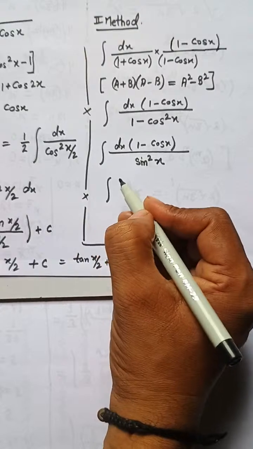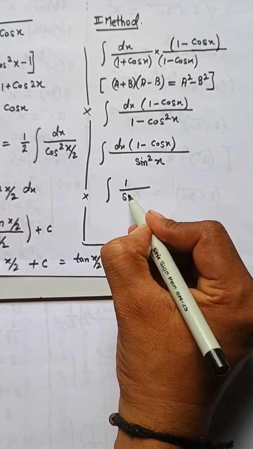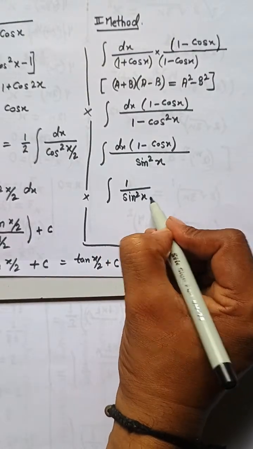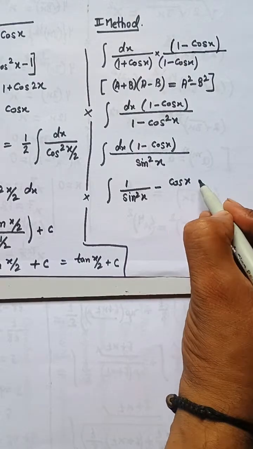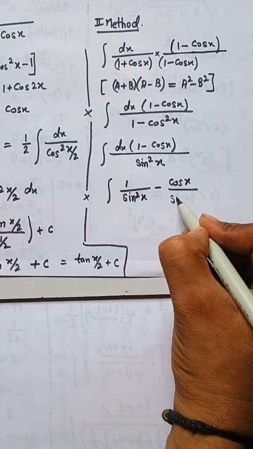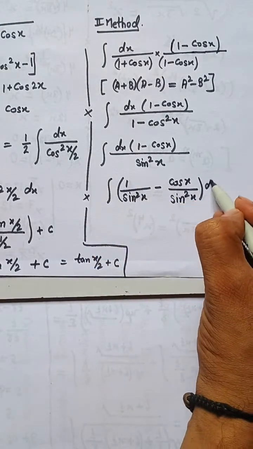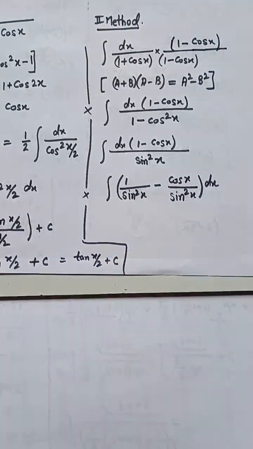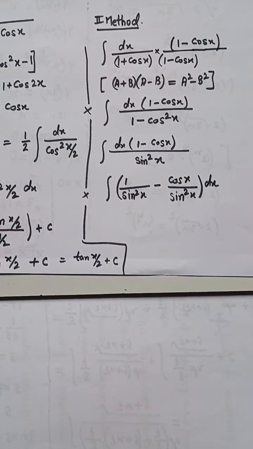Here I can write integration of 1 upon sin square x minus cos x divided by sin square x, dx.